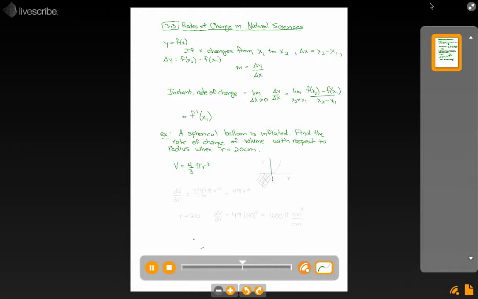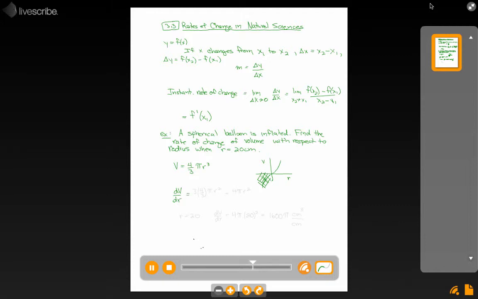If I look at the graph of that, as radius goes up, volume goes up. The negative parts of this graph don't make a lot of sense to worry about when you're talking about the radius of a balloon, because you're not going to have a negative radius. And what we're asked for is the rate of change of volume with respect to radius.